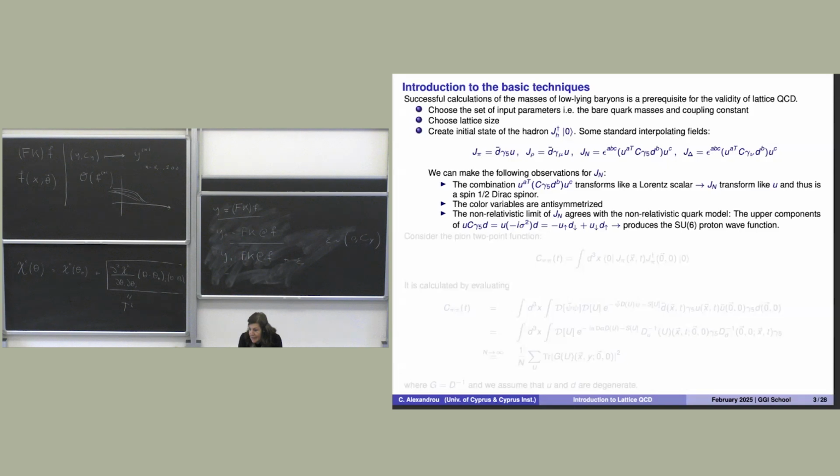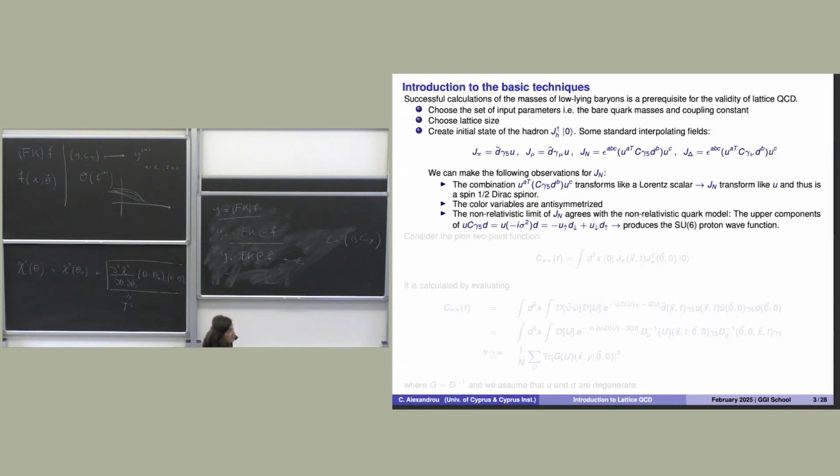For example, for the pion, the quark content is a pseudoscalar, so the charged pion is d-bar gamma 5 u. I use that operator acting on the vacuum to create something which has the quantum numbers of the pion.